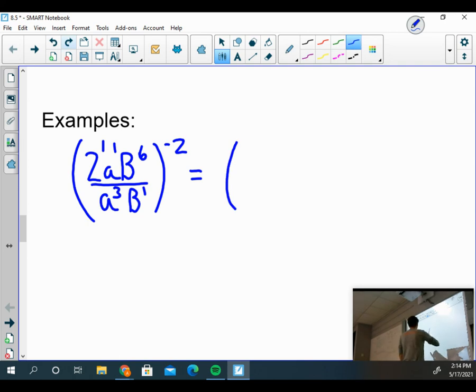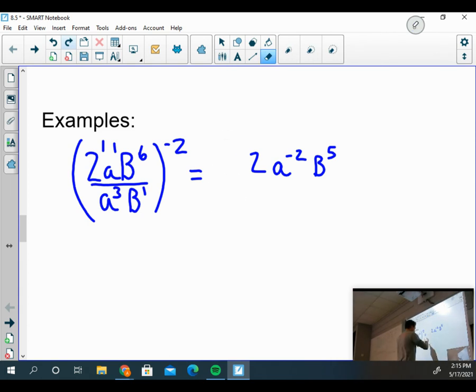How could we do that? Well, the 2 to the first would just be alone, but we could do A to the first over A to the third, which gives us A to the negative second. B to the 6 over B to the first gives us B to the fifth. Again, like bases divided, subtract the exponents. You can handle that off the bat.